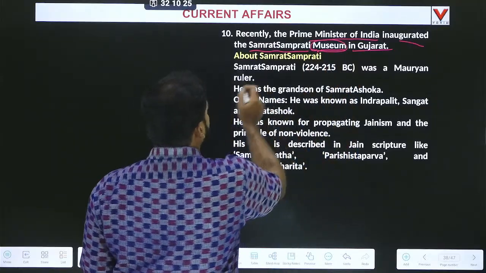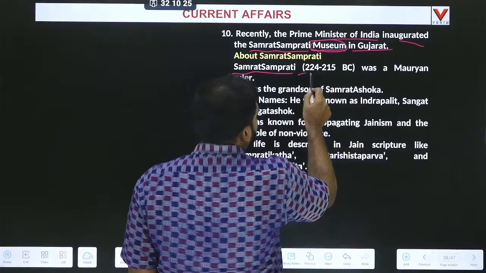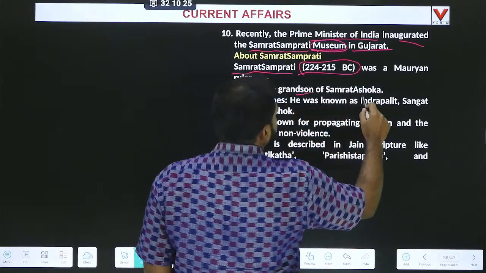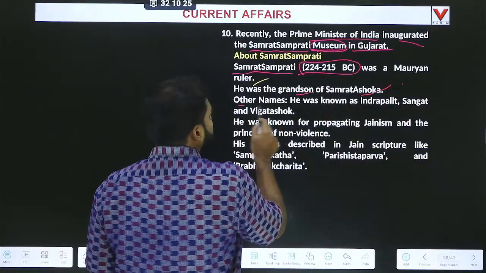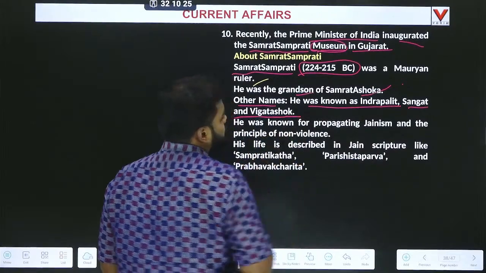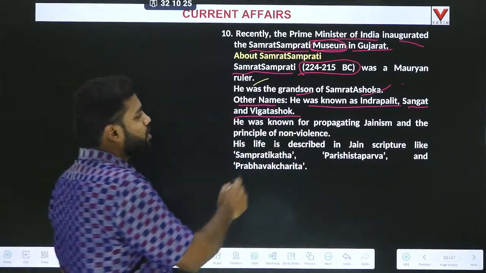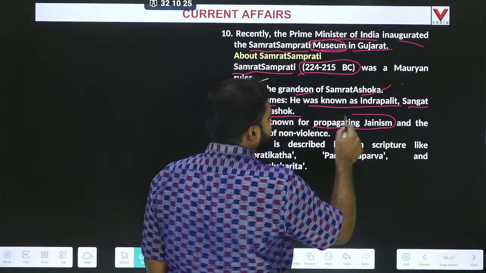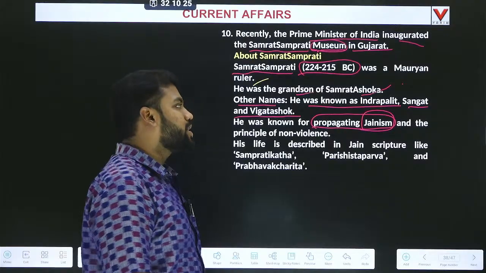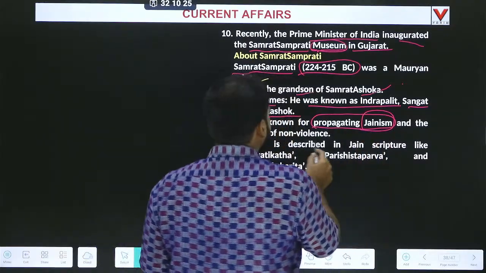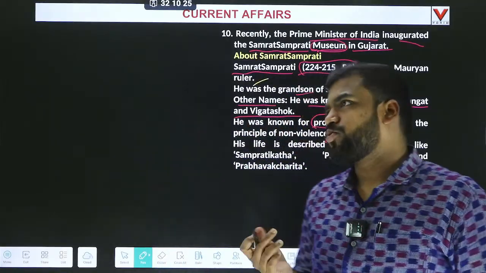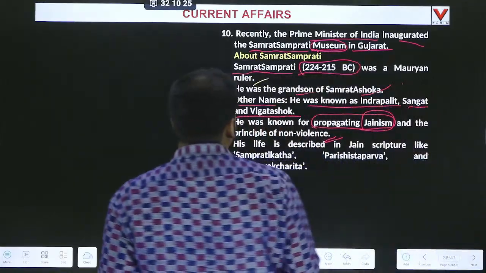Okay, about Samrat Samprati. Samrat Samprati was a Mauryan ruler. He was the grandson of Samrat Ashoka, as I told you earlier. He was also known as Indrapalit, Sangat, and Bigatasuk. He was known for propagating Jainism, right? Ashoka was a proponent of Buddhism, but he was a proponent of Jainism and the principle of non-violence. Obviously, the core of Jainism is non-violence, right?